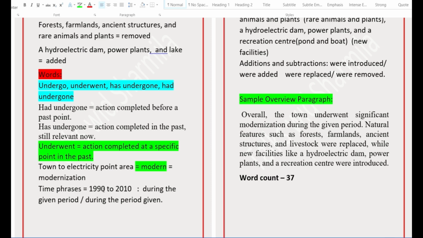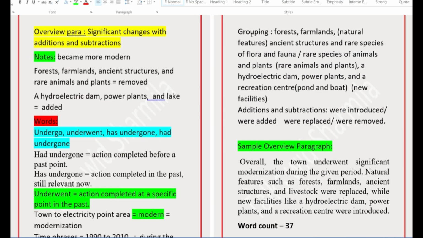So it is 1990 to 2010. For that you use the phrase during the given period or during the period given. Instead of just writing the words as they are, it is required to group the words and use contextual vocabulary.